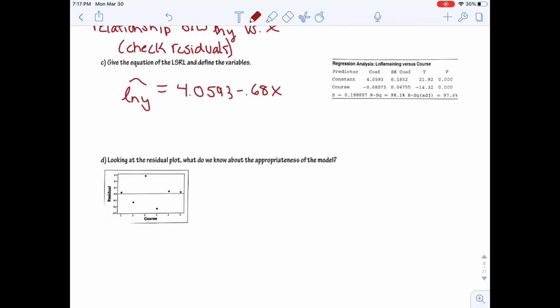And then finally here, looking at the residual plot, what do we know about the appropriateness of this? You know, there's not many points. We're above, below, above, below, above, above. So in my eyes, there's no pattern in the residuals.